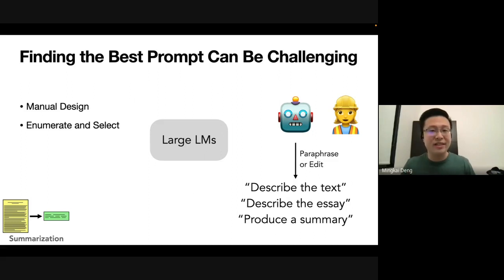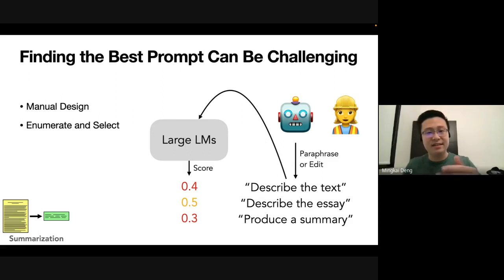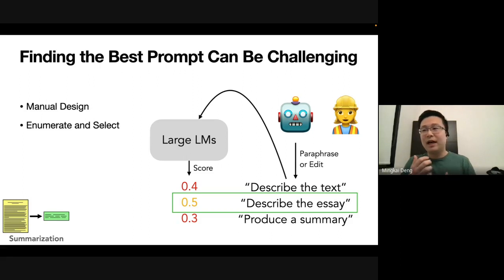So we have a bunch of these candidates. We can pass each of these candidates through the large language model and then score them based on the downstream task performance using some measurable performance metric. And based on that, we might be able to select the best one. However, we can also see here that however we paraphrase or edit it, it will still be based on some kind of rule or heuristic.